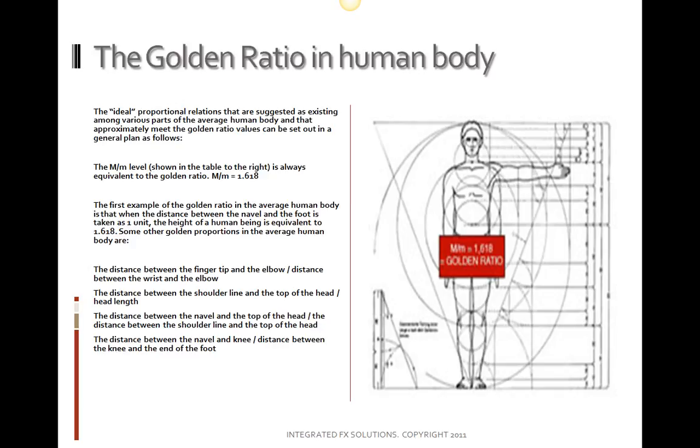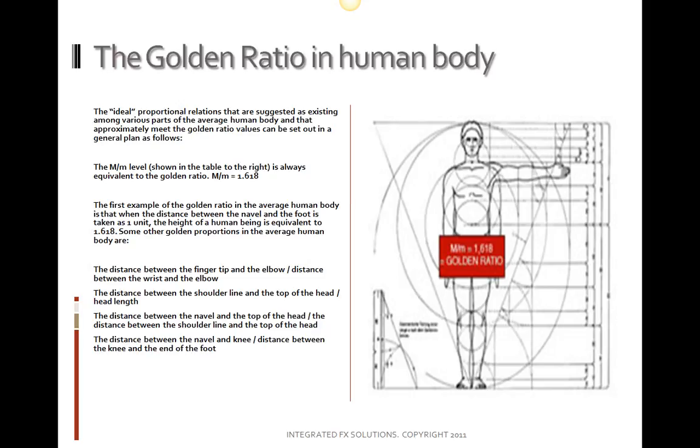Now, once you take the measurement of the human body from the head to the toe, record the number as big M. Now take the length of the human body from the navel to the foot as small m. If you divide the big M by the small m, you arrive at 1.618.